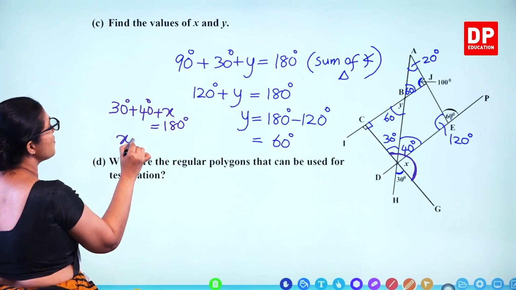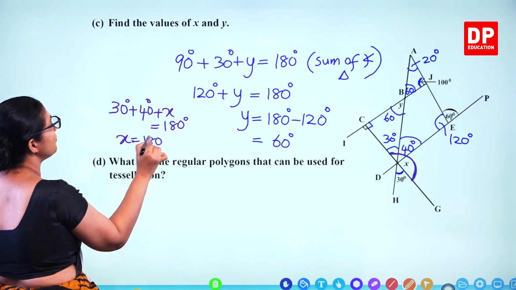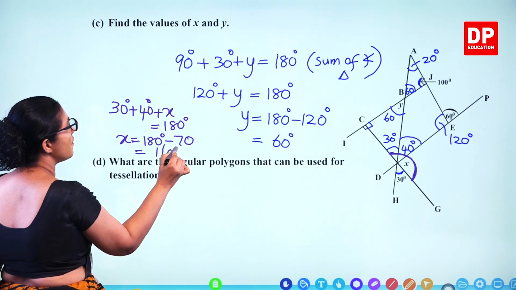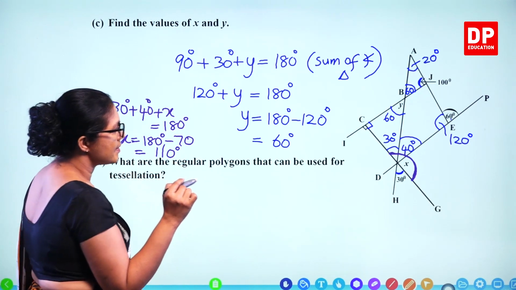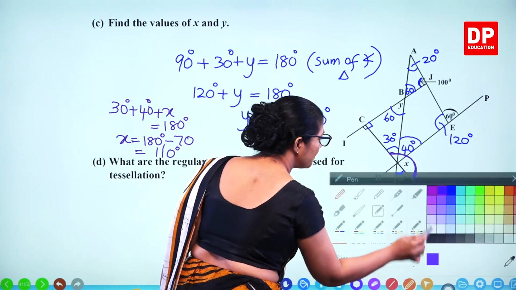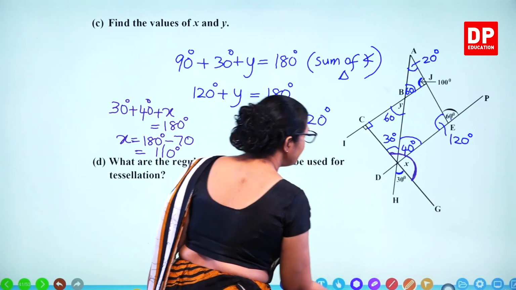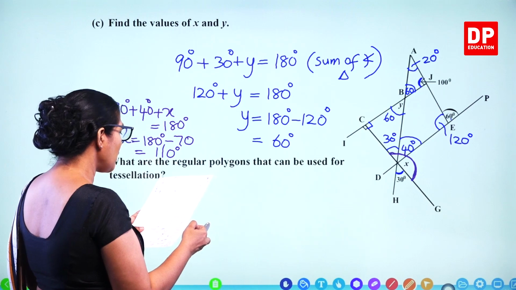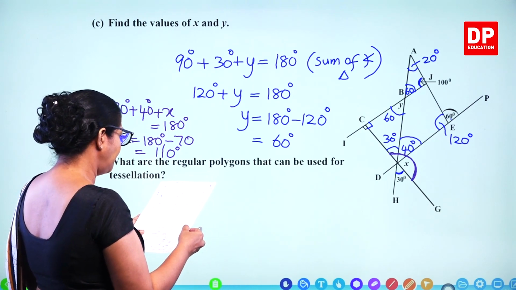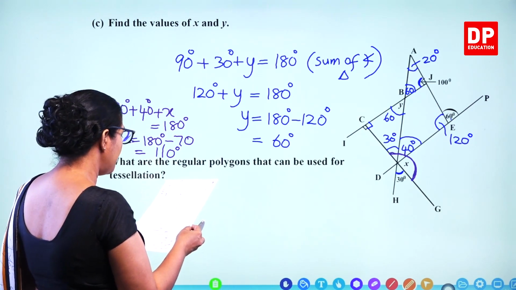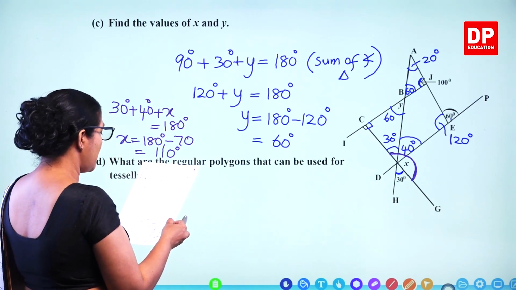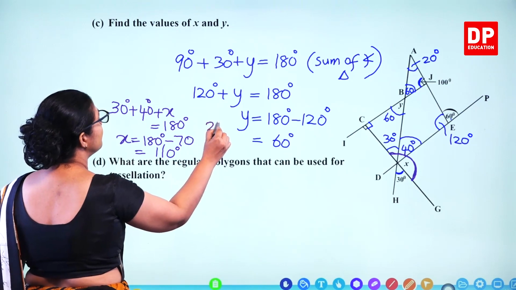So x becomes 180 minus 70. You get 110 degrees. So that's the x value. So how many marks for that one? You are getting, this is part C, 60 and 110, 2 marks.